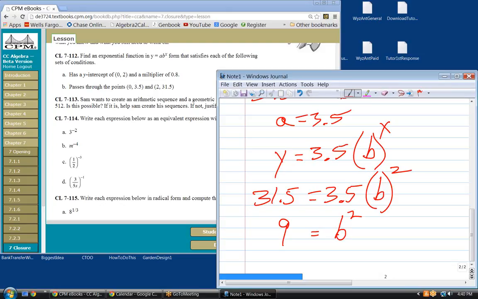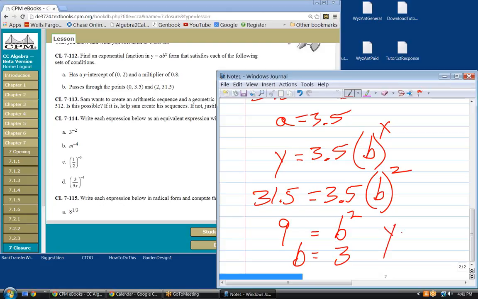Okay, now how do I find b? The square root of 9? Uh-huh. So what's b equal to? 3? Yeah, now normally I would say plus or minus 3, but when you're dealing with exponential functions like this, b is always positive. So we're only going to use the plus 3. So now what's the equation that they are looking for?